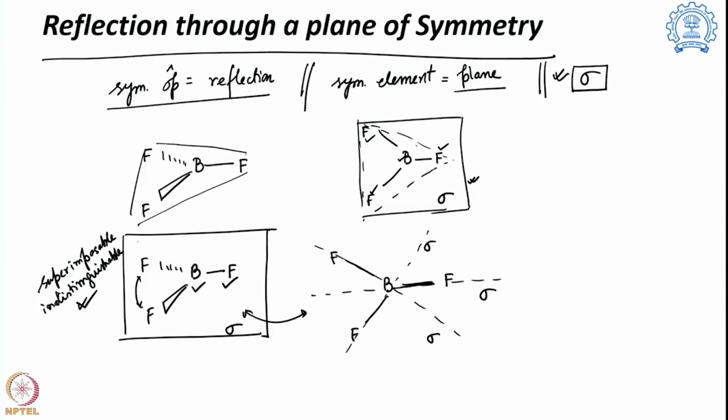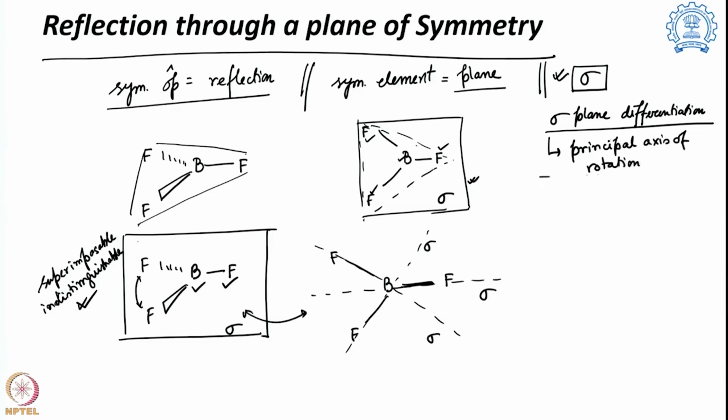Now, how to differentiate them? This differentiation of the sigma planes is found by the principal axis of rotation. So, now we try to figure out the relation between the sigma plane and the principal axis of rotation, which is nothing but the Cn.